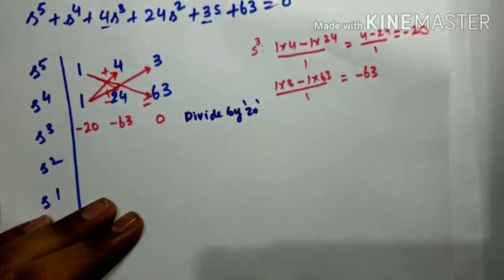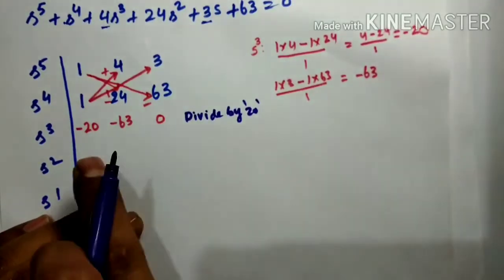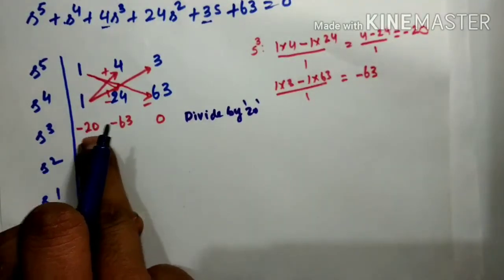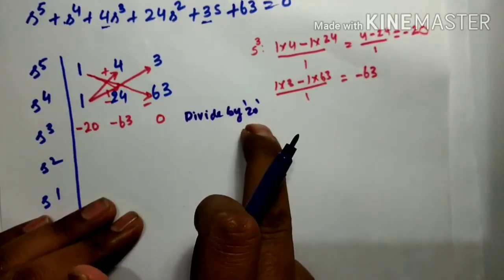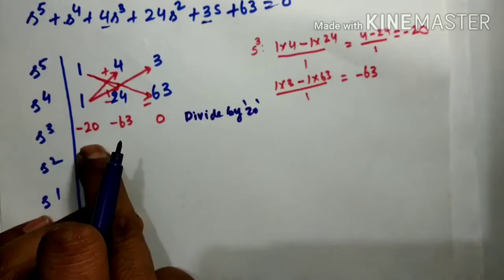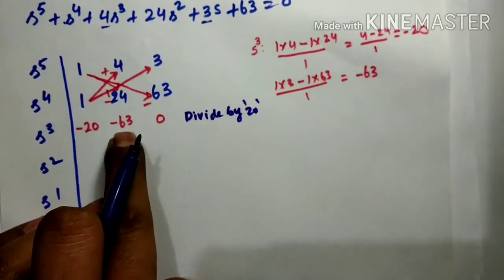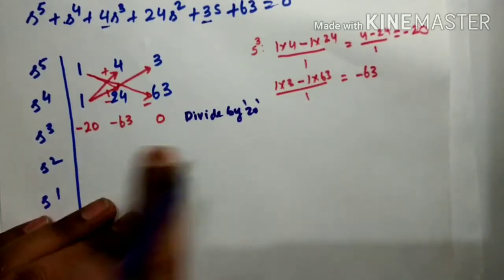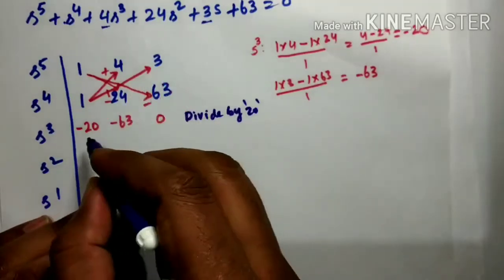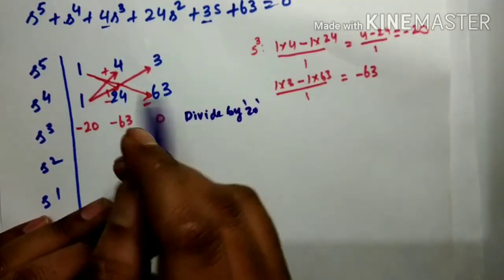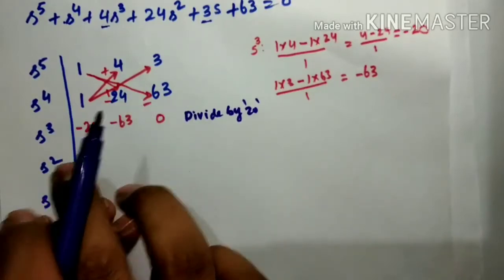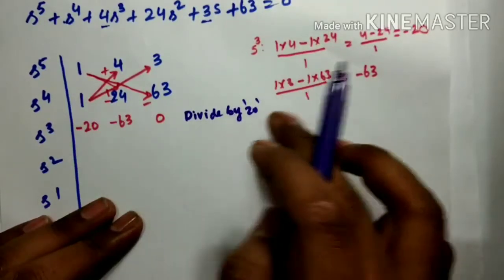Divide by 20. See, when you can divide this row, if all elements can be divided, then you can divide. If one is divided and the other value is not divided, then we should not divide. If all row elements are divided, then we can divide, right?